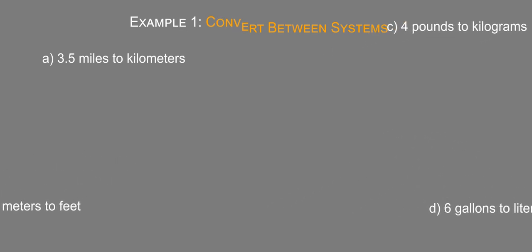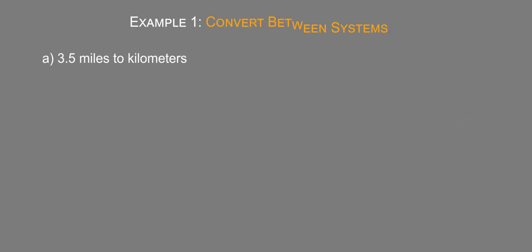With part A, we're given 3.5 miles to kilometers. The textbook doesn't always do this, but I am going to write this as a fraction, a rational number, over 1: 3.5 miles over 1. The reason is that we're using what you will later know as unit analysis.